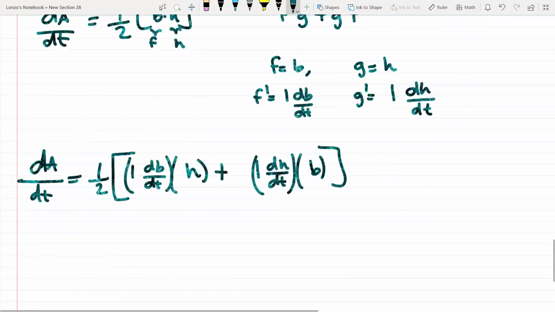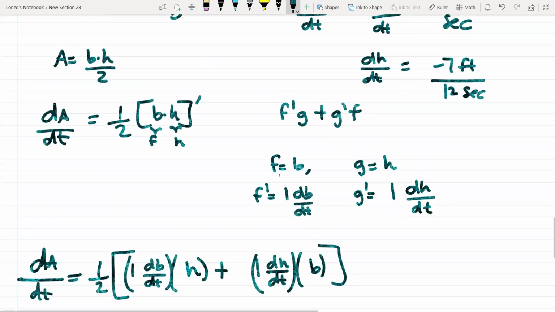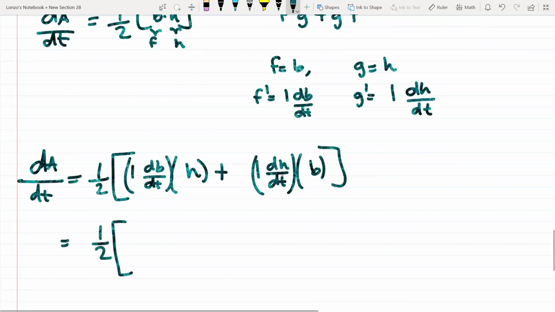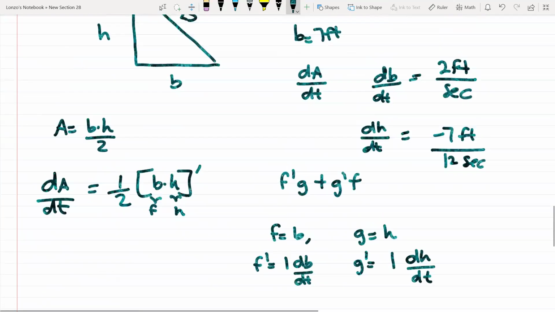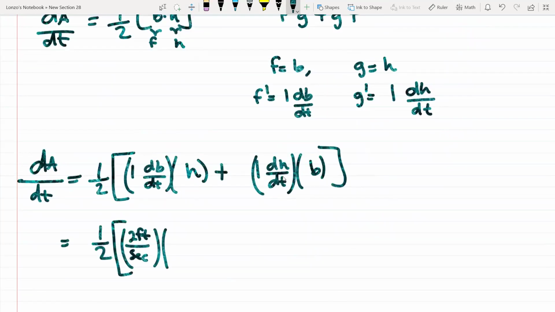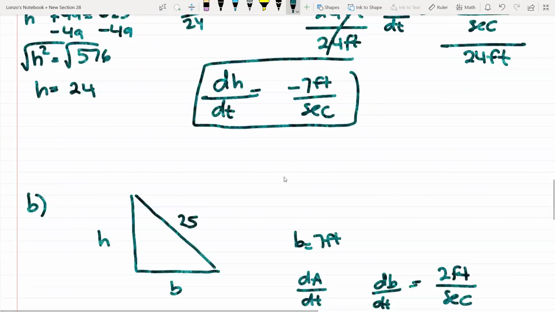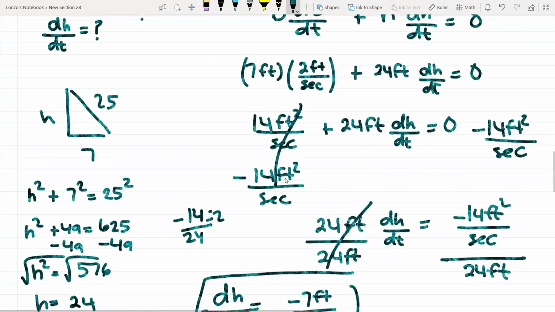Okay, so we kind of clean this up. This would be 1/2. And what did we say dB/dt is? dB/dt is 2 feet per second. What is my height? It was 24 feet, right? I think that was given.